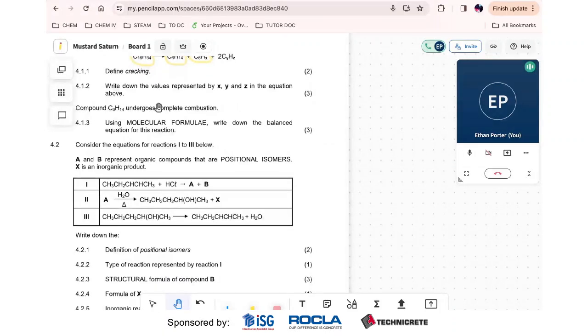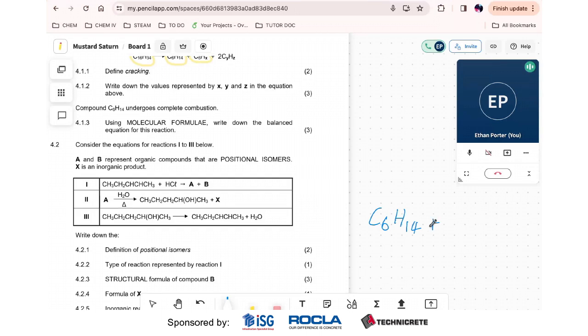Compound C6H14 undergoes complete combustion. Write a balanced equation to show this. Complete combustion means that the entire molecule is broken down into carbon dioxide and water. If it was incomplete combustion, we might have other alkanes or alkenes in the products, and we might have carbon monoxide, not carbon dioxide.